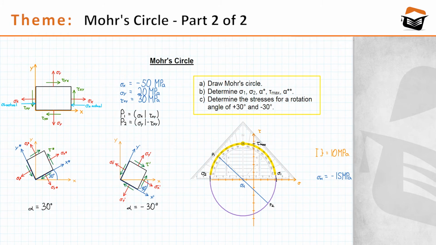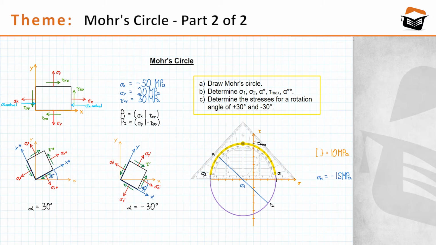And because I'm looking for the new line that has an angle of 60 degrees to the old line, I have to go 60 degrees clockwise from the old line sigma m and P1. 10, 20, 30, 40, 50, 60.